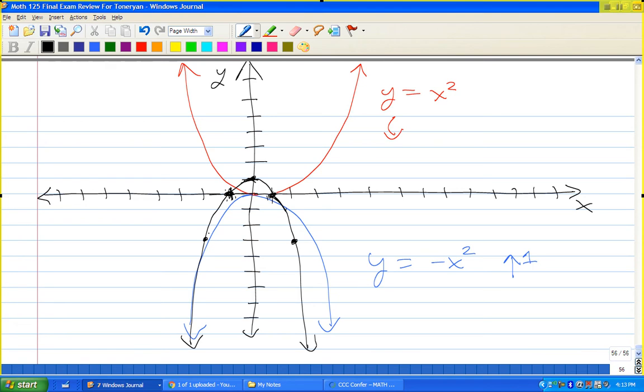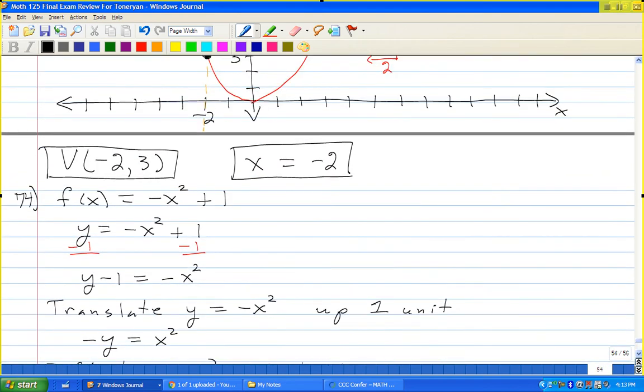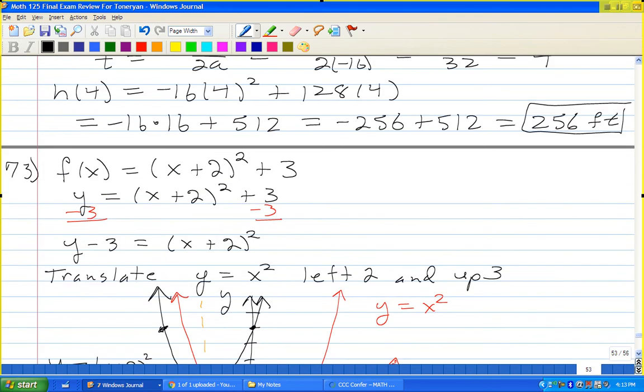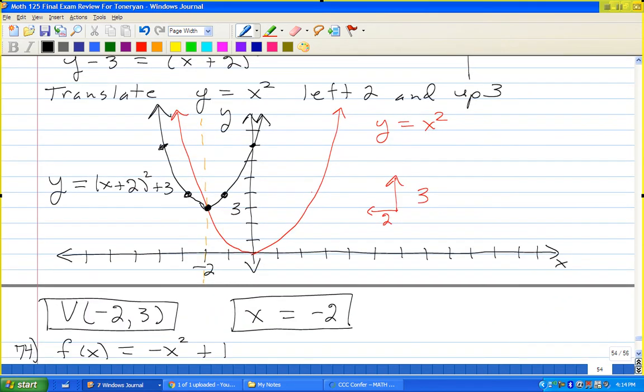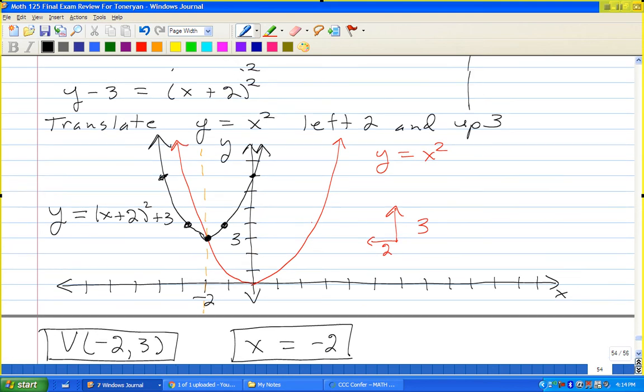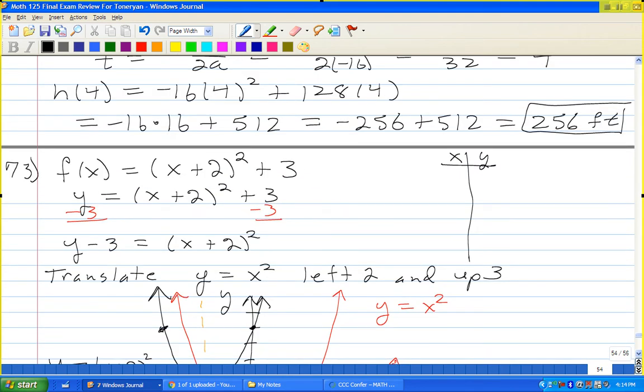But let me actually, for both of these, just set up an x and y table. For the first one, the x's are going to be negative 4, negative 3, negative 2, negative 1, 0.